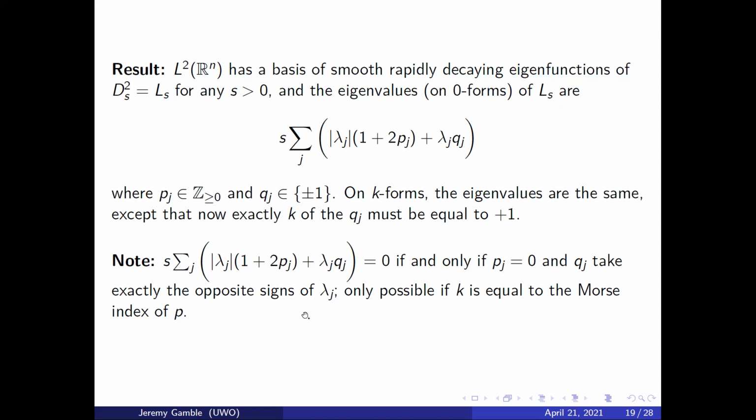That was a bit of a mouthful, but you can look at this and see that this part's positive and this part's never going to outweigh this part here unless P is 0. That's pretty easy to see.